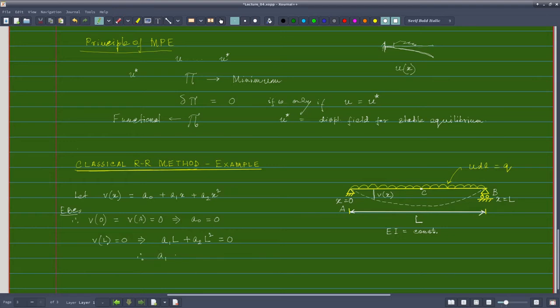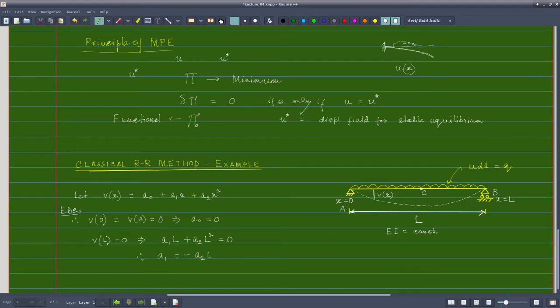If I take a2 L squared to the right-hand side and divide both sides by L, I get a1 equal to minus a2 L.